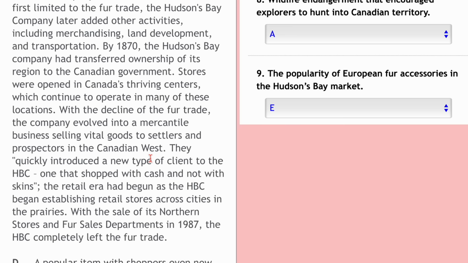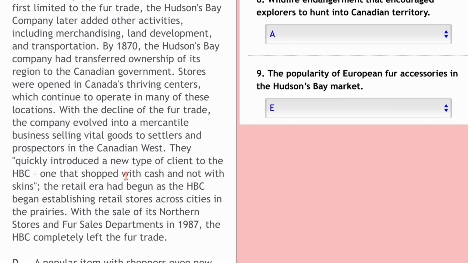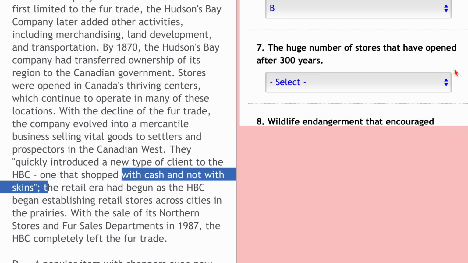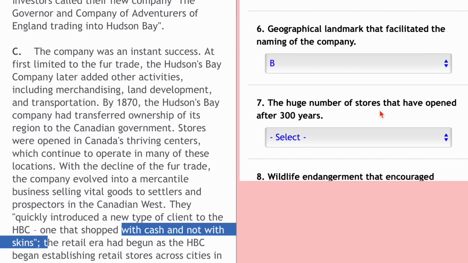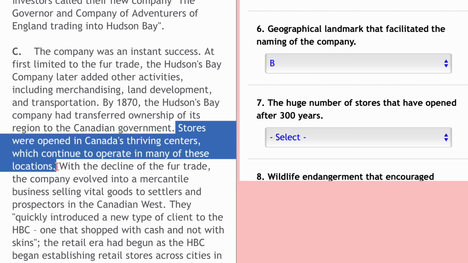Okay, so I see here an important part that reminds me of a question. They quickly introduced a new type of client to the HBC, one that shopped with cash and not with skins. Cash, not skins. Number of stores that opened. It did say many stores opened across Canada, but it doesn't say huge number. And not after 300 years. It doesn't say that.